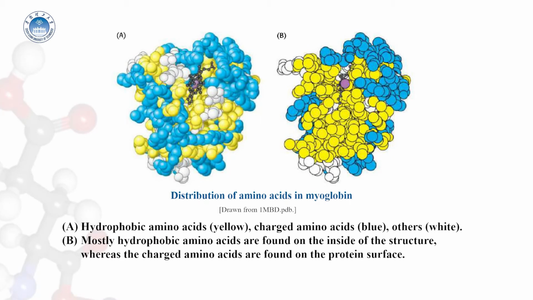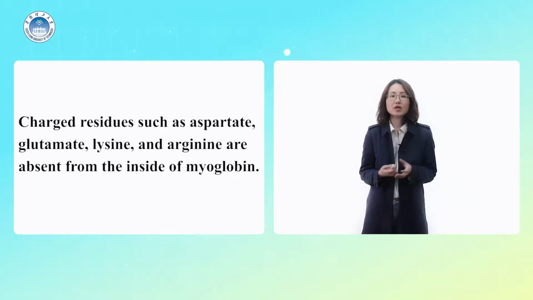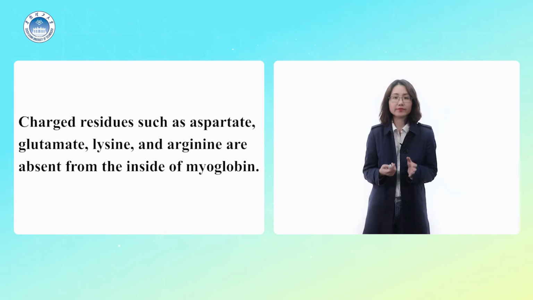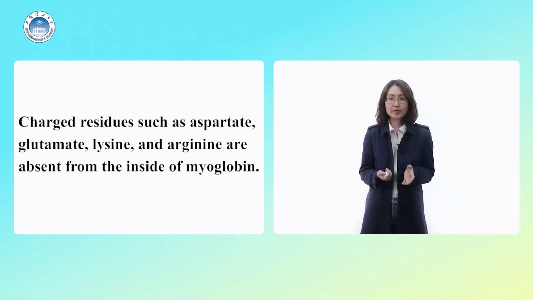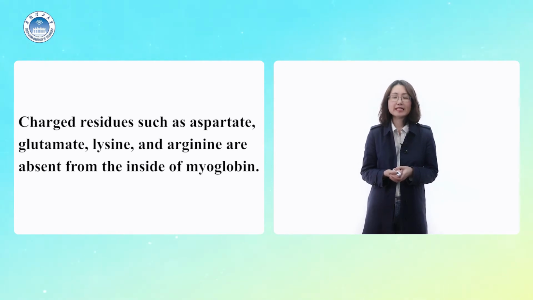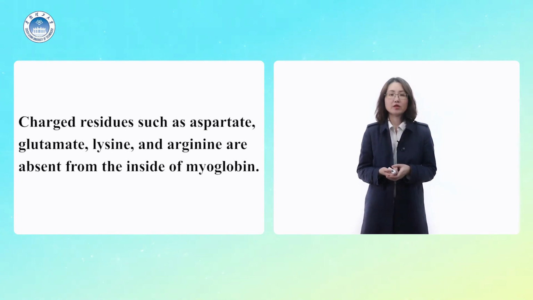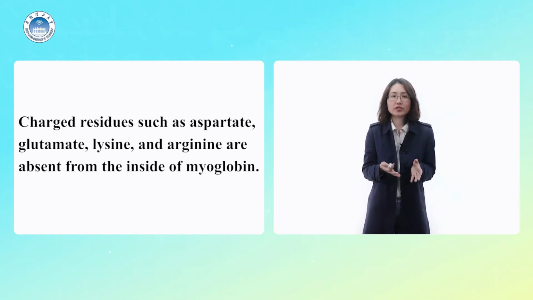Strikingly, the interior consists almost entirely of non-polar residues such as leucine, valine, methionine, and phenylalanine. Charged residues such as aspartate, glutamate, lysine, and arginine are absent from the inside of myoglobin. The only polar residues inside are two histidine residues, which play critical roles in binding iron and oxygen.